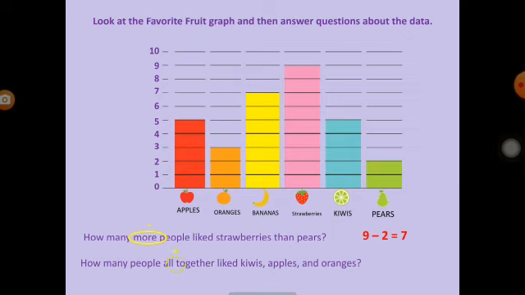So this new one, when I see it, I'm going to do plus. When I see all together, I'm going to do plus. So our answer will be: I have 3 oranges, 5 kiwis, and 5 apples. So 5 plus 5 plus 3 gives me 13.